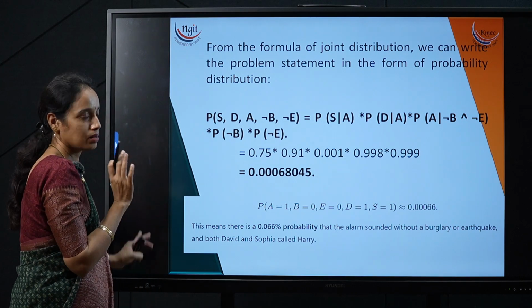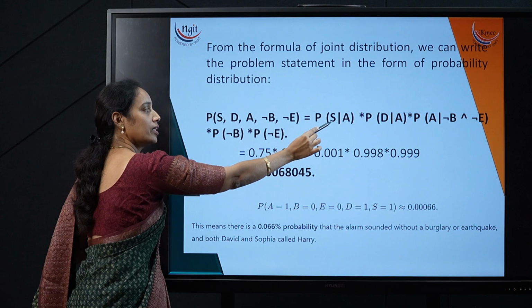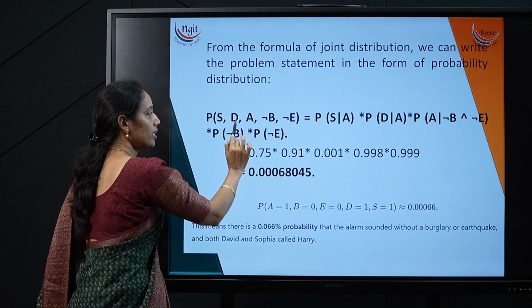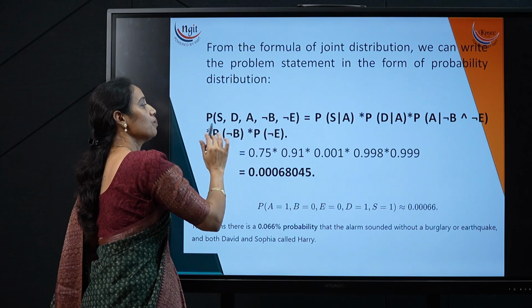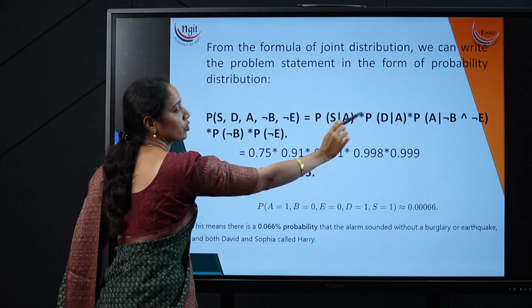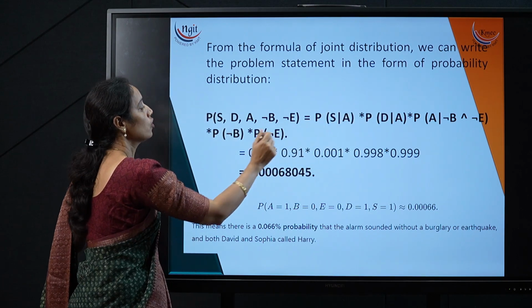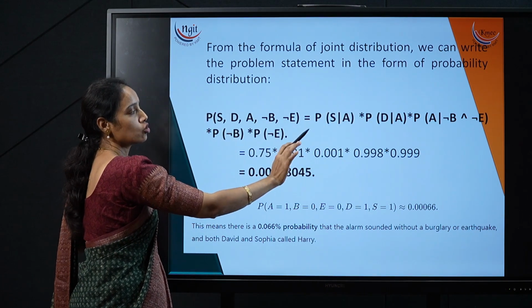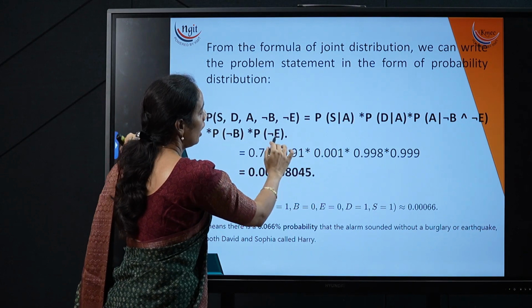Try to understand this distribution. Sophia called, there is an alarm. David is calling, there is an alarm. And the probability there is an alarm, but there is no burglary, there is no earthquake. That is what we have done. Along with that, we should also find out the probability there is no burglary, and we should also find out the probability there is no earthquake.